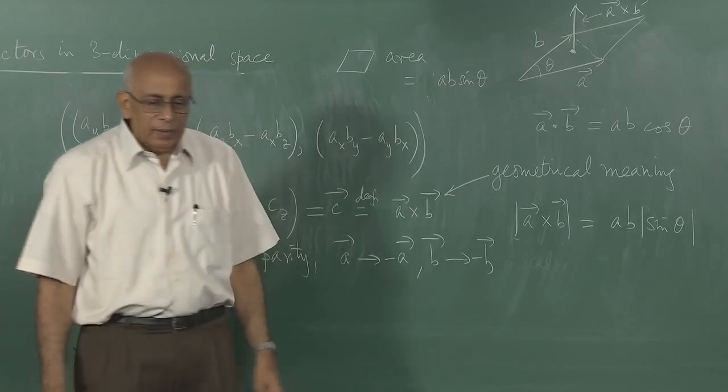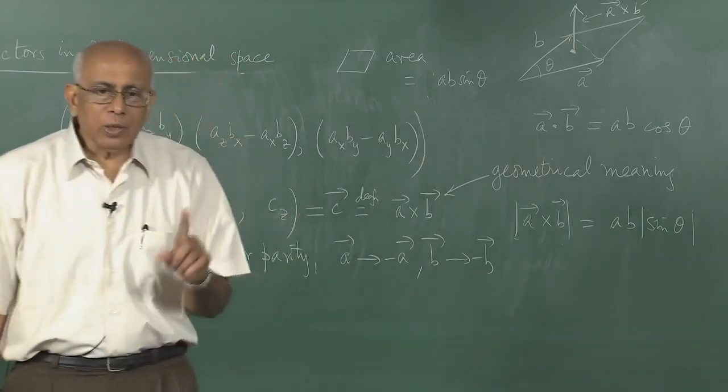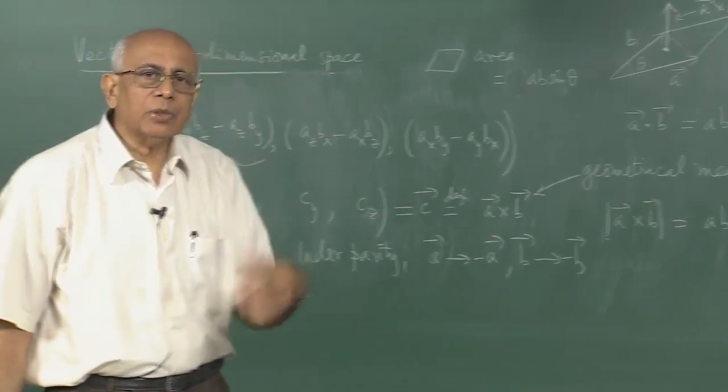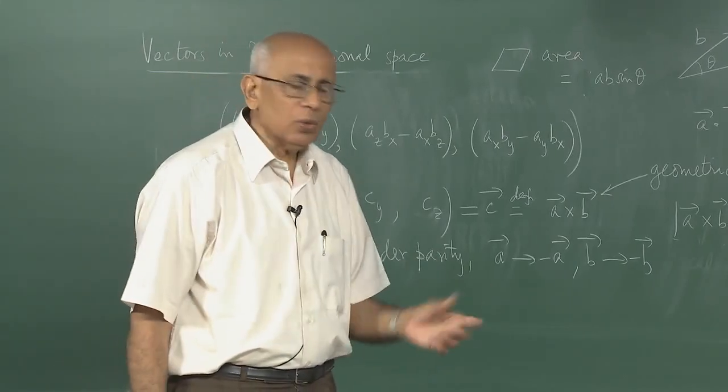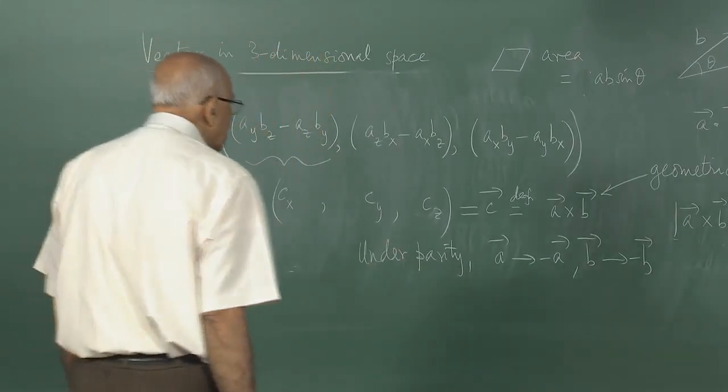We already said under rotations A cross B behaves exactly like the position does or the velocity does and so on, and therefore it is a proper vector.